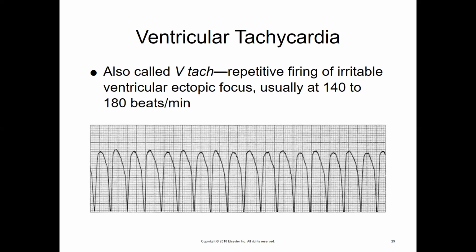Now this is an EKG strip of sustained ventricular tachycardia. This is called VTAC. It's a repetitive firing, usually 140 to about 180 beats per minute. This can occur in patients, again, who have heart disease, who've had or are having a heart attack, or drug toxicity.